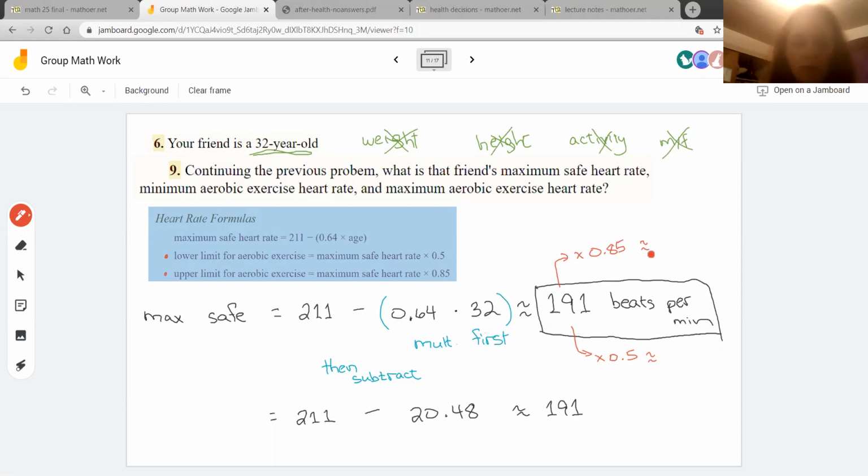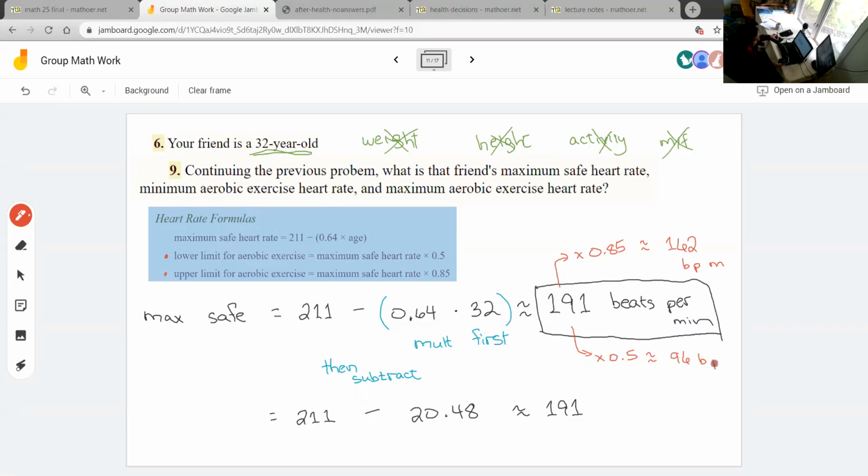So 191 times 0.85 is about 162 beats per minute. And 191 divided by 2 is about 96 beats per minute.